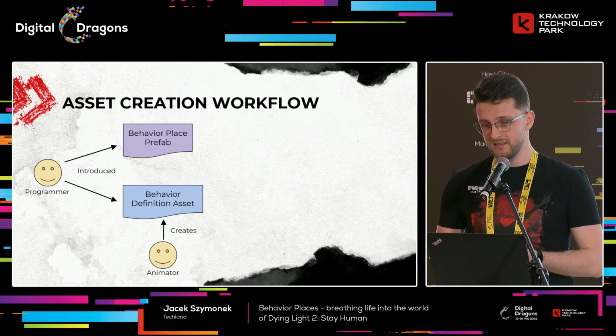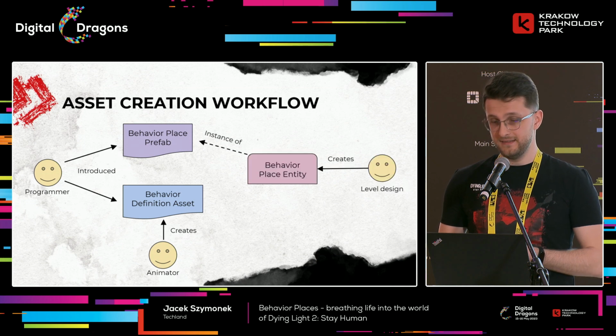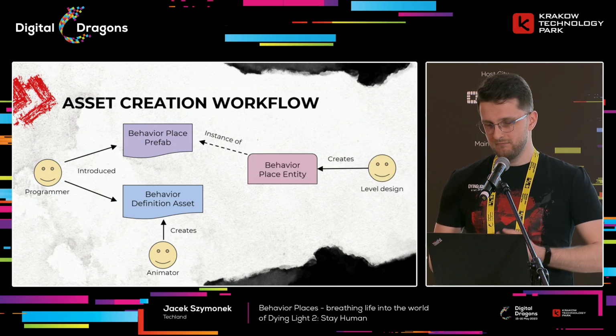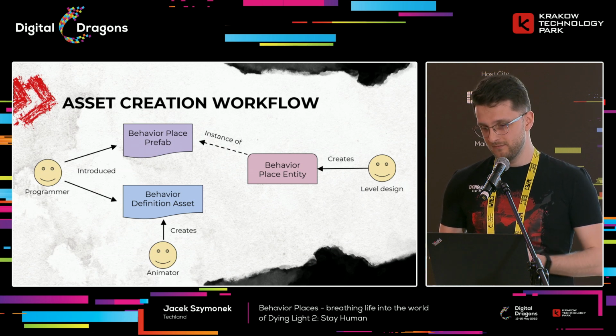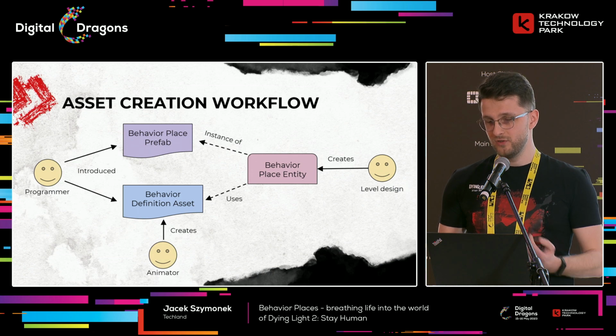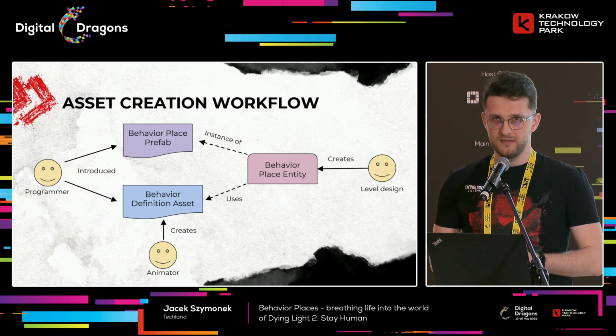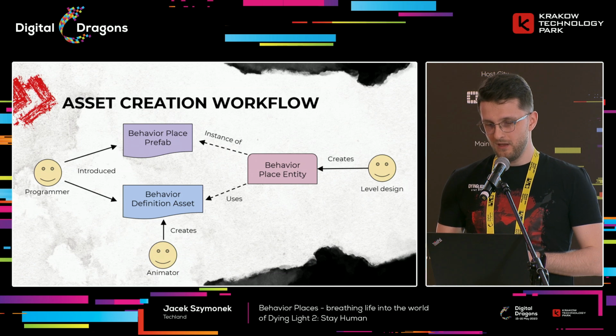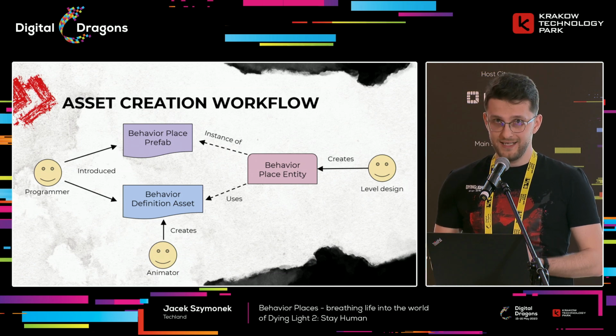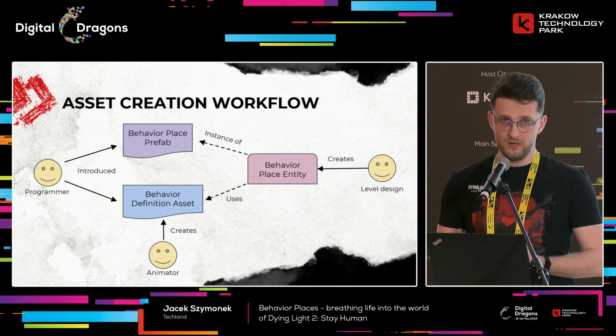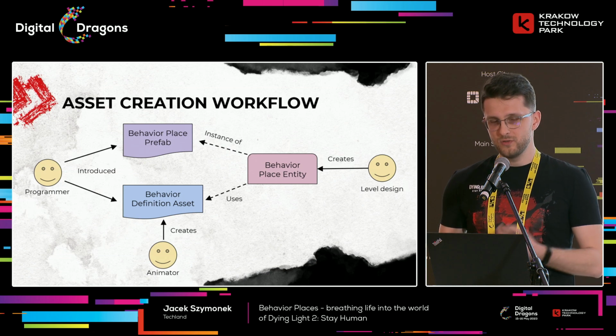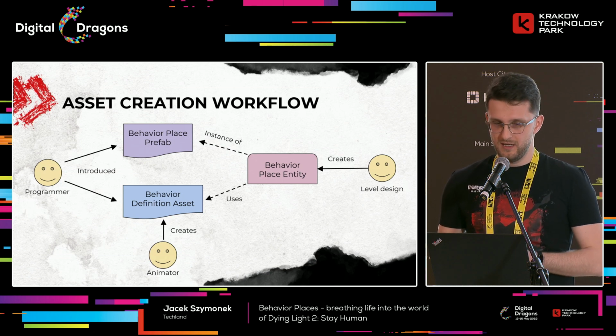The level designers create behavior place entities by placing them in a desired location and choosing the desired behavior parameter. The entity uses the new asset that we've introduced to parameterize the AI behavior. This way, the animators can create the definitions in isolation, and level designers can then reuse them in multiple locations in the game.